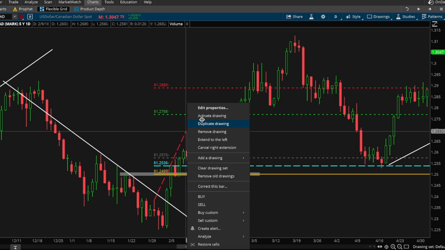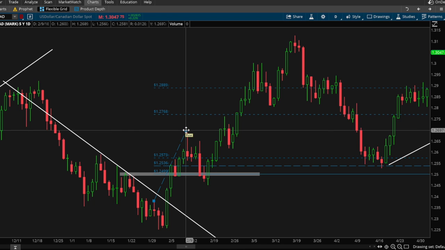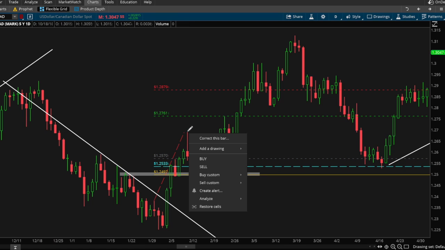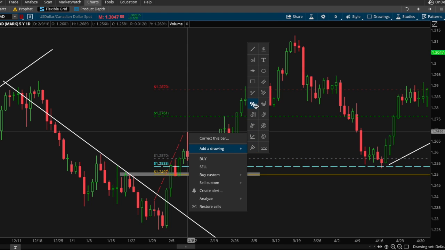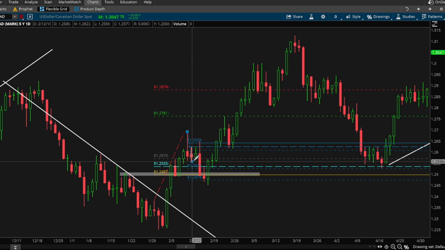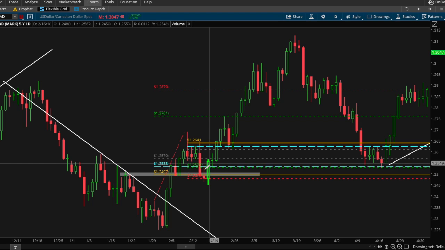Let me go ahead and make that really accurate. Yeah, that's good. Draw a Fibonacci extension, which is going to be here. And then we get a negative 61% retracement, as well as the demand zone.